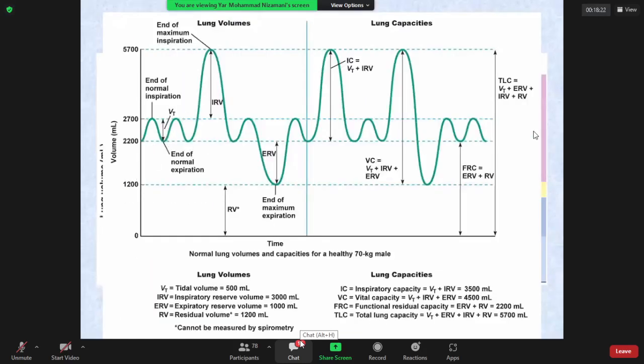This is the normal diagram. It is showing different types of lung volumes. You can see that this is your tidal volume, and this is your expiratory reserve volume.